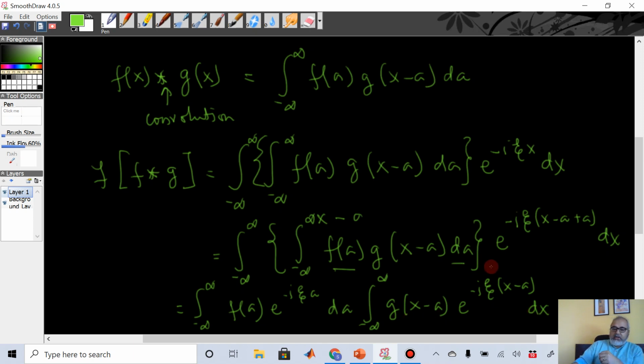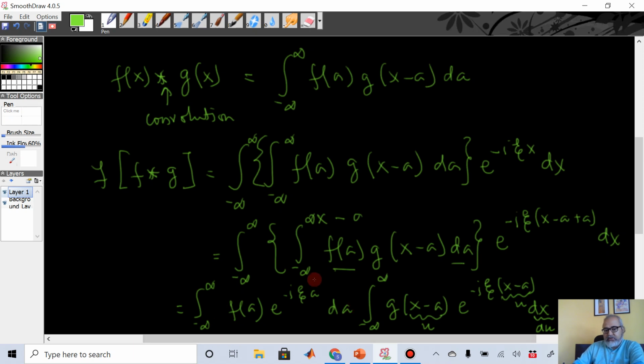So this is the same as g(u). If you replace x minus a by u, this becomes u, this becomes u, and this becomes du. So if you replace x minus a by u, you are left with this.